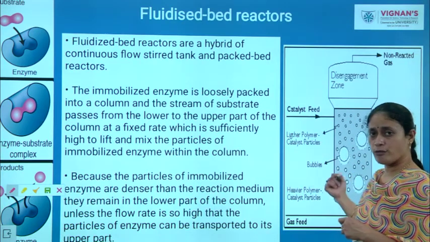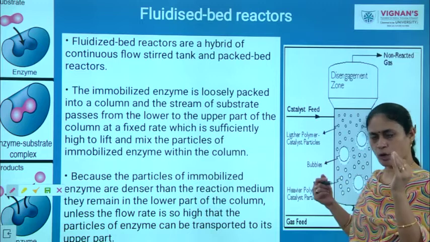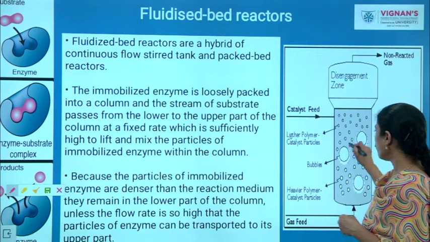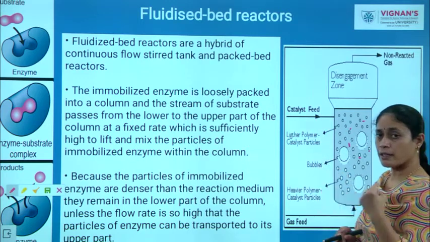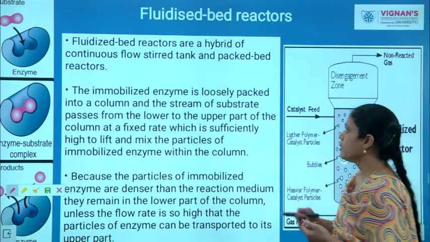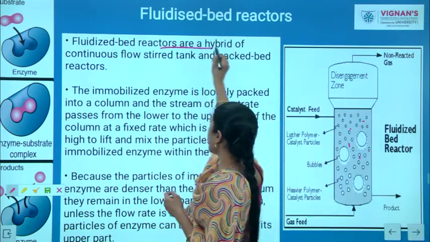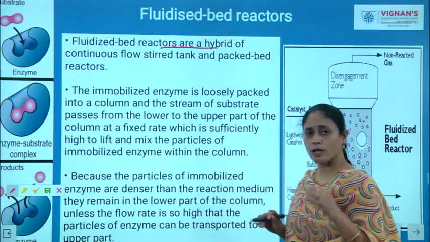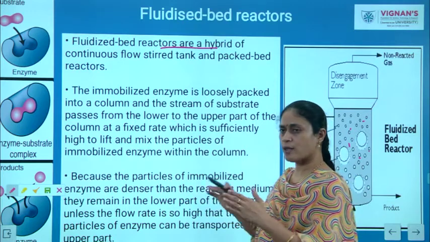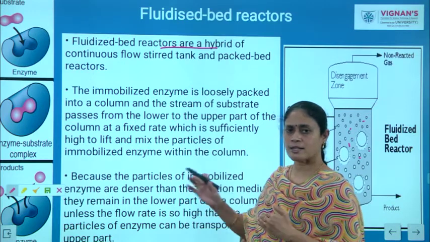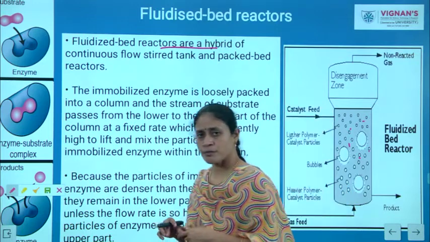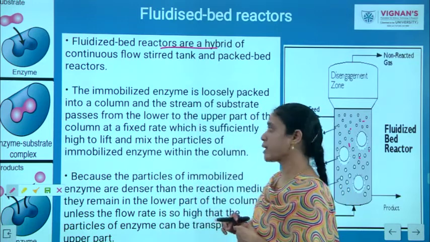But in the fluidized bed reactor, we also consider immobilized enzyme, but it is available in free form in the mixture containing the reactants, which is your substrate. The fluidized bed reactors are a hybrid of a continuous flow reactor and a packed bed reactor. So the design of this fluidized bed will have similarities with both of these reactors, your continuous flow reactor as well as your packed bed reactor.